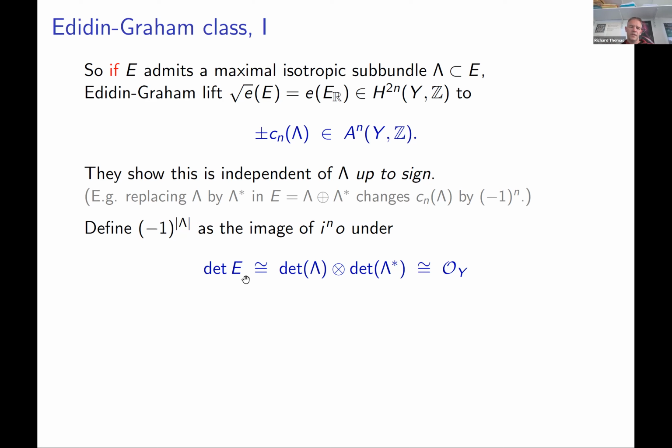So what you then do is you say that lambda is a positive maximal isotropic or a negative maximal isotropic depending on whether it matches your orientation, in the sense that your orientation should either be, up to multiplication by i to the n, this trivialization or minus this trivialization. So this is the actual definition. We define the sign of lambda to be the image of the orientation under this trivialization.